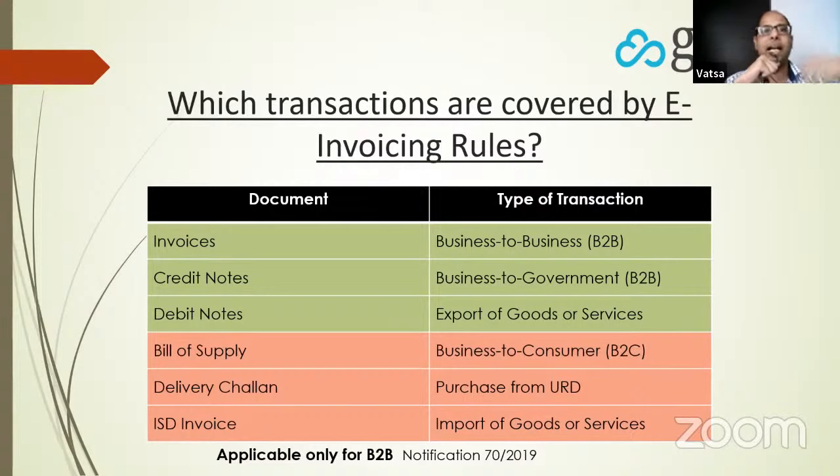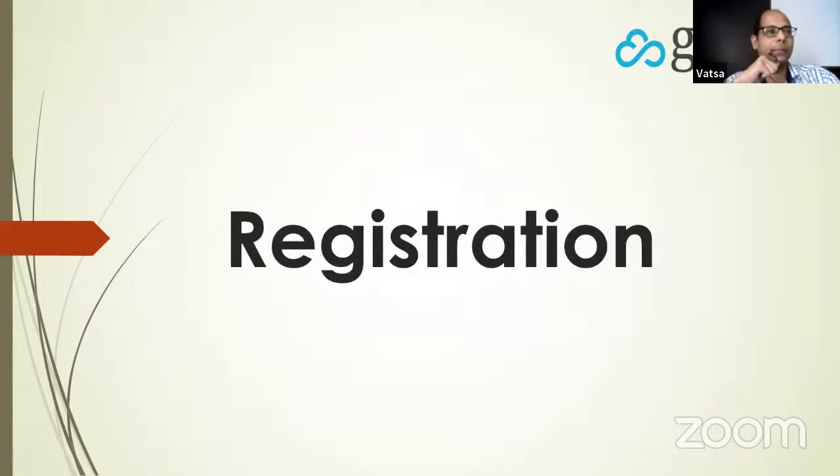Some people prepare RCM invoices for a purchase from URD, e-invoice not required. If you're doing an RCM sale, e-invoice is required. RCM purchase, registration not required. Import of goods, import of services, for these transactions, e-invoice is not required. So primarily B2B and export. These are the types of transactions for which e-invoice is required.